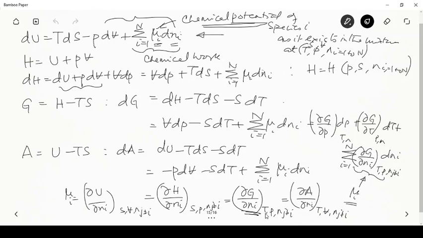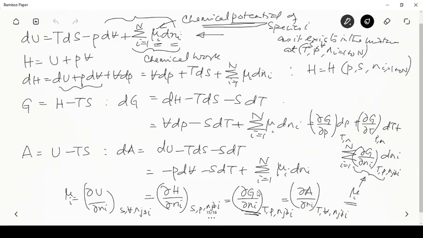Now in this, we have defined when pressure and temperature are kept constant and all other species are kept constant, the partial derivative of a particular variable with respect to Ni is the partial molar function of the property. So according to these definitions, the chemical potential actually becomes the partial molar Gibbs function of a species as it exists in a solution. Right?